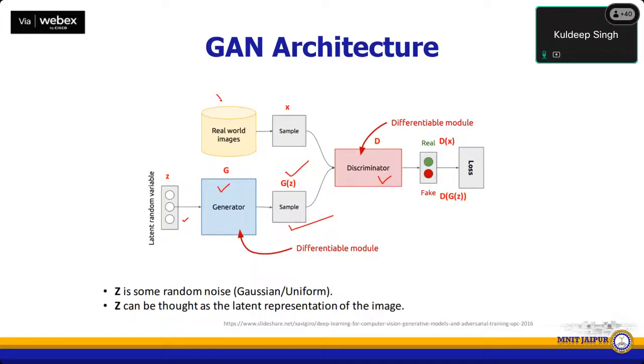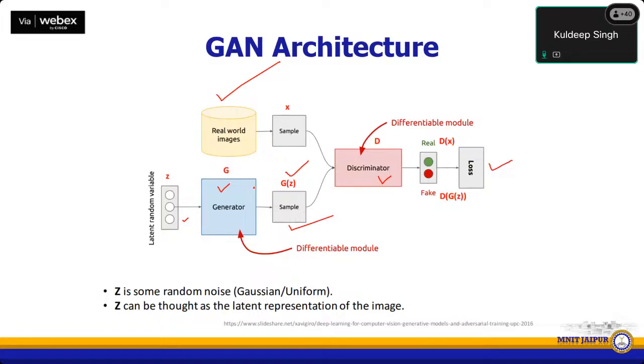Further, we do have a collection of real world images. We sample one data from this one. Both of them go to the discriminator module, and the discriminator module basically tells us whether it is real or fake. And further, we compute the loss, and this loss is being used to train the discriminator and generator simultaneously.